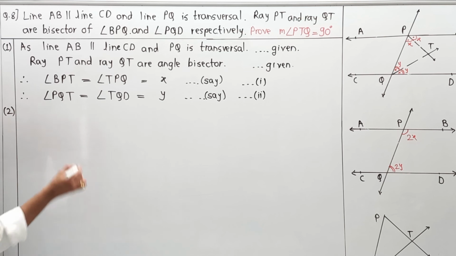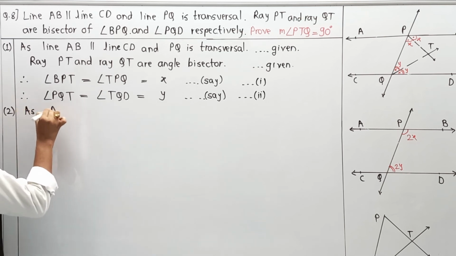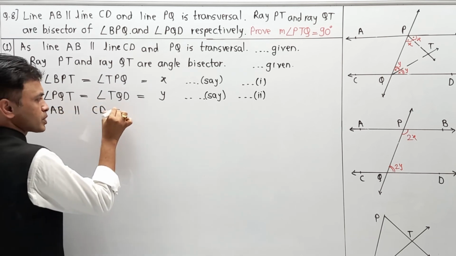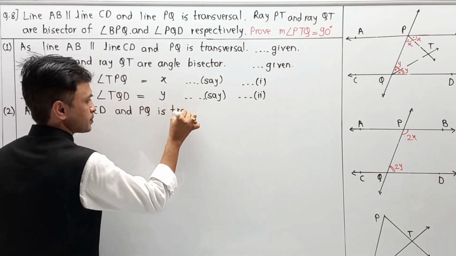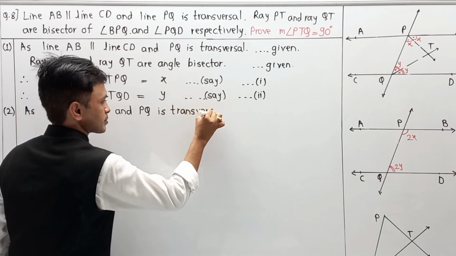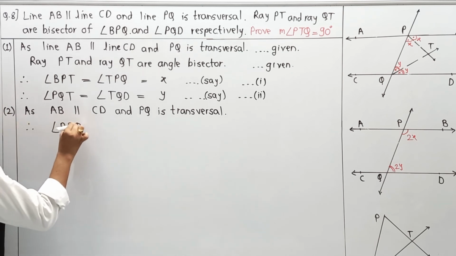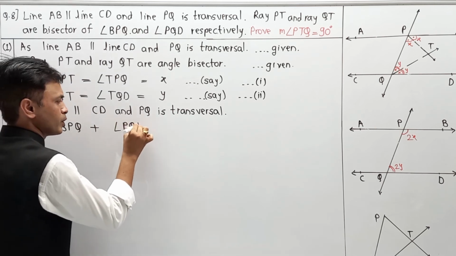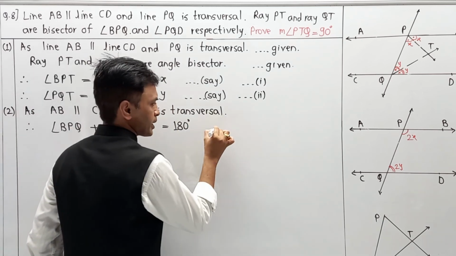AB is parallel to CD and PQ is a transversal. Therefore, angle BPQ plus angle PQD is equal to 180 degrees. Reason: interior angles.